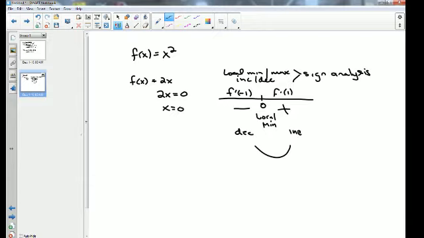Wait, I thought the derivative for x squared was just a linear line. The derivative is linear. It's a parabola. I'm drawing the original. So when you're analyzing a function using derivatives, it's giving you information about the original function. Everything we do is obtaining information about the original function.